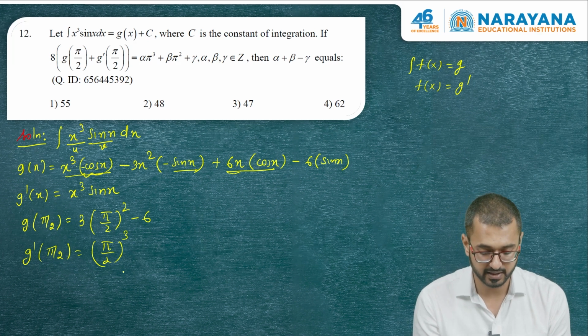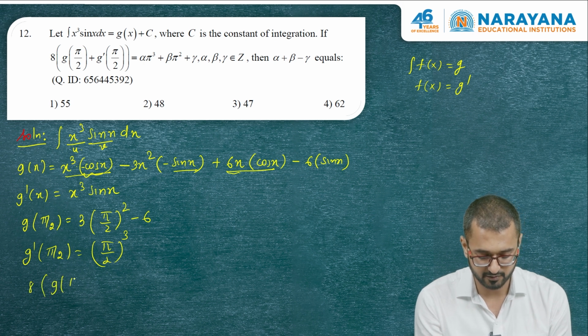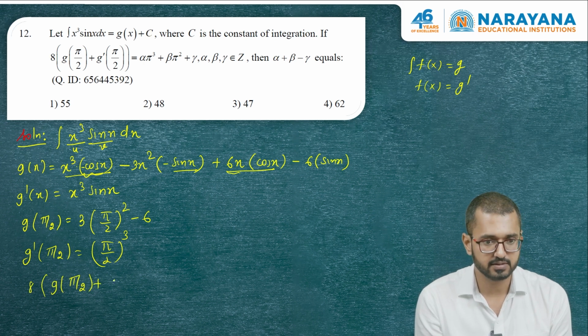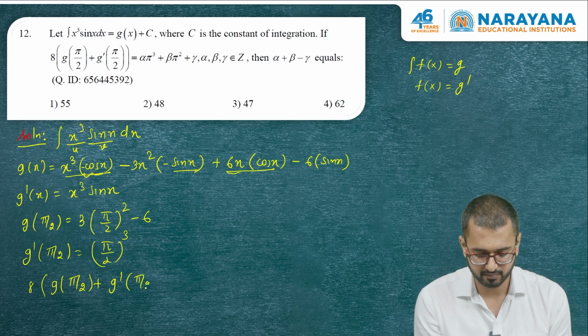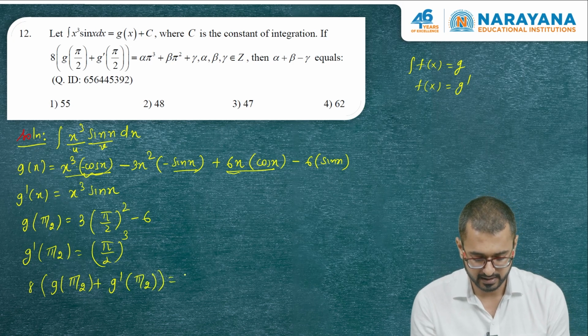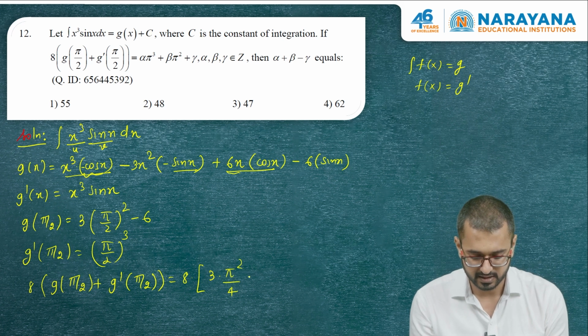So done. Now we'll write down g of pi by 2 plus g dash of pi by 2, and we'll multiply by 8. So 8 times g of pi by 2 plus g dash of pi by 2 will give me 8 times, I'll write it down, 3 into pi by 2 square means pi square by 4, and then minus 6 this, and then plus pi cube over 8.